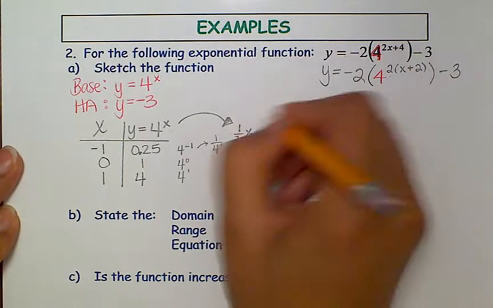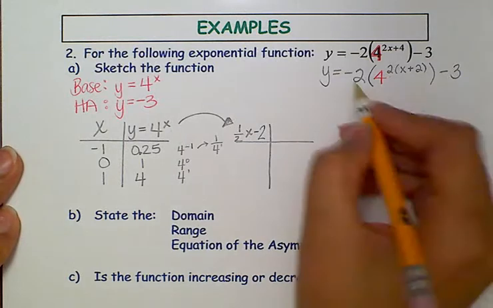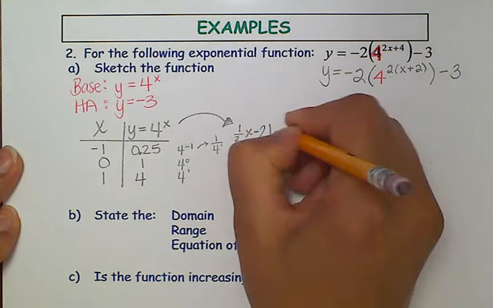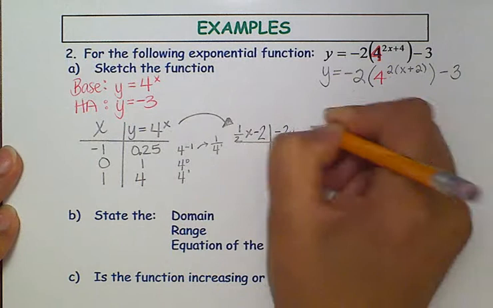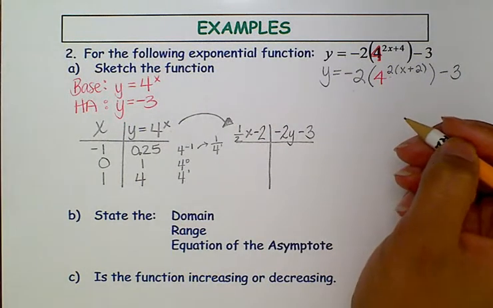So 1/2 x minus 2. And then let's look at our y values. We have a negative 2 at the front. We have a negative 3 at the end, which means the graph is being reflected and stretched and then shifted down 3. So we can solve for our corresponding values of x and y using the mapping formulas.